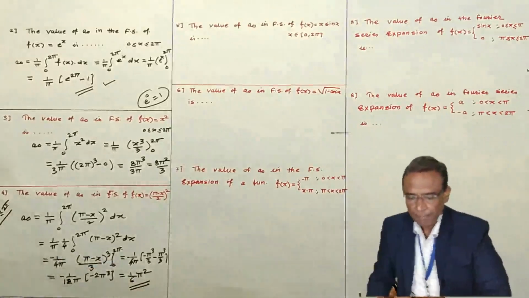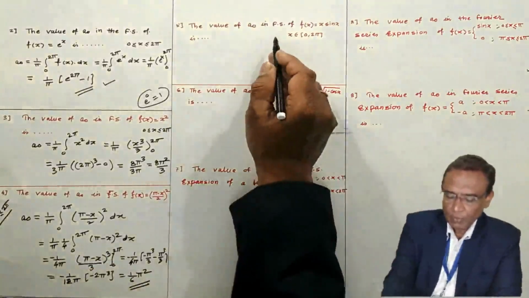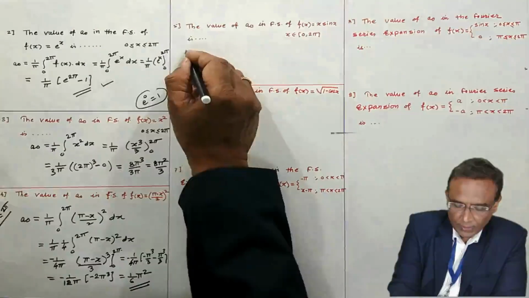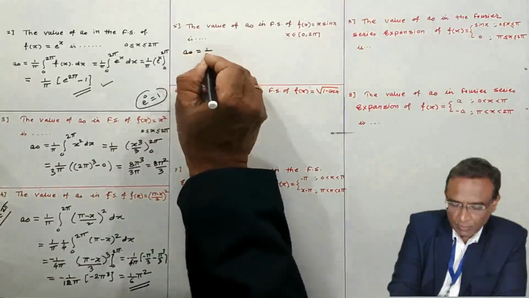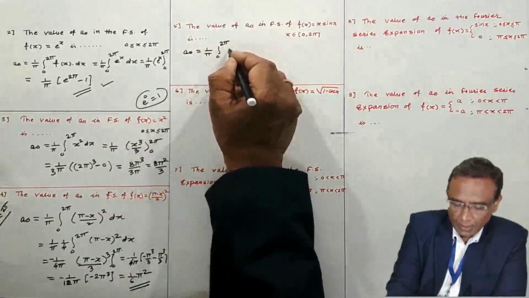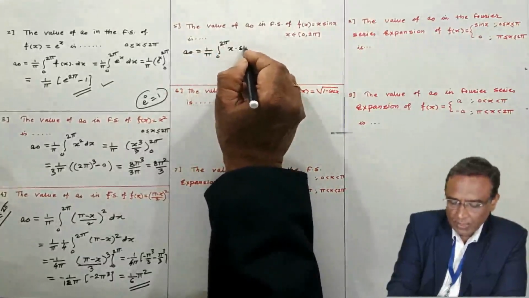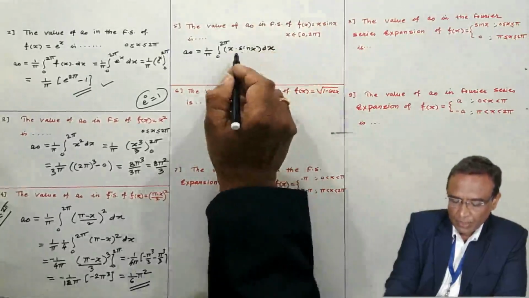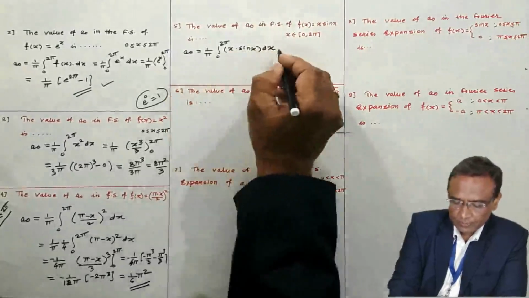Now similarly, the value of a0 here, how do you find? a0 is equal to 1 by pi, 0 to 2 pi, x sin x, this is f(x), dx. Here we have the product of two terms.